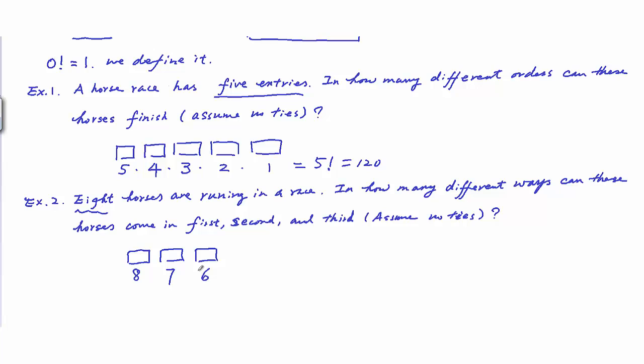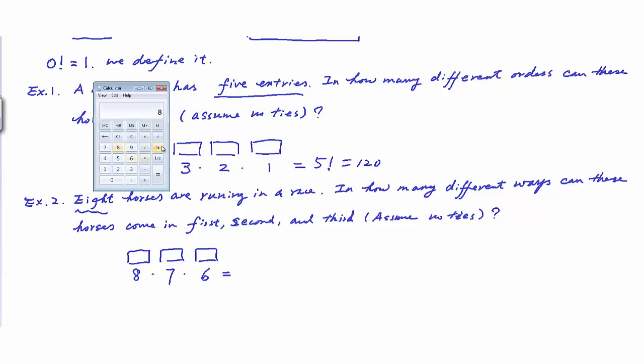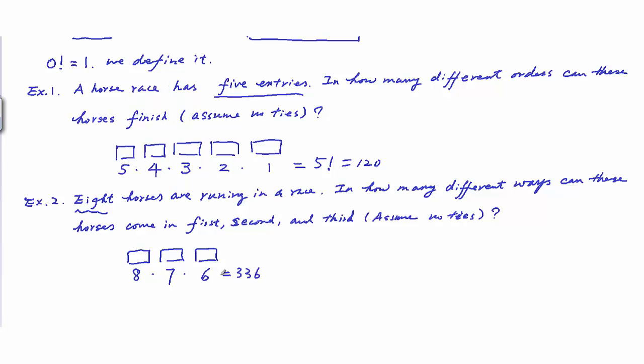And then again, apply the fundamental principle of counting. So this should be 8 times 7 times 6, and let me punch the calculator here. 8 times 7 times 6 is 336. So there are 336 different ways that 8 horses can finish.